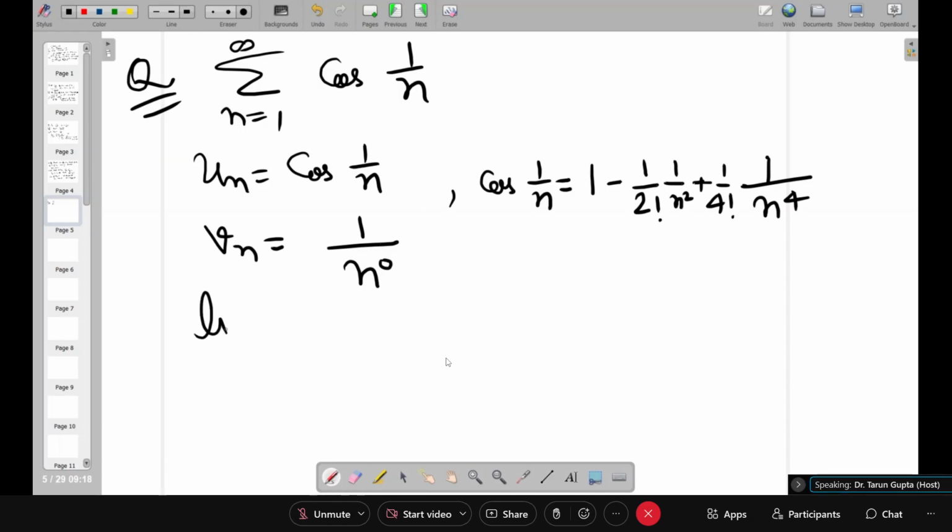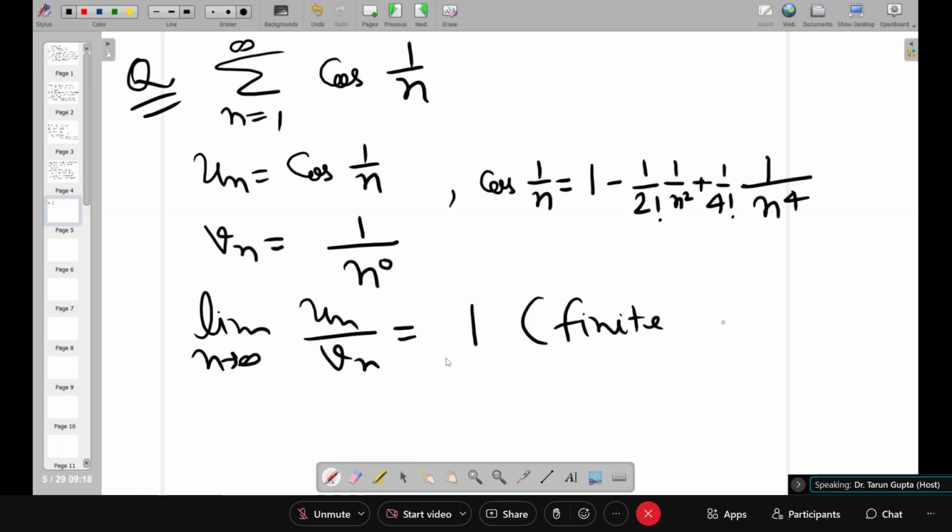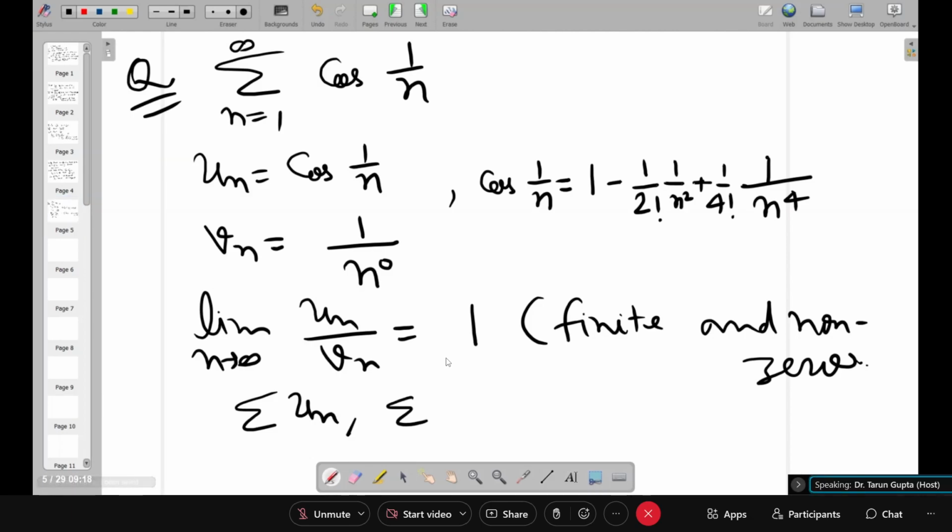Here if we take the limit n tending to infinity un upon vn, then we get 1. Okay, and 1 is a finite and non-zero quantity. So by limit comparison test, summation un and summation vn have the same behavior.